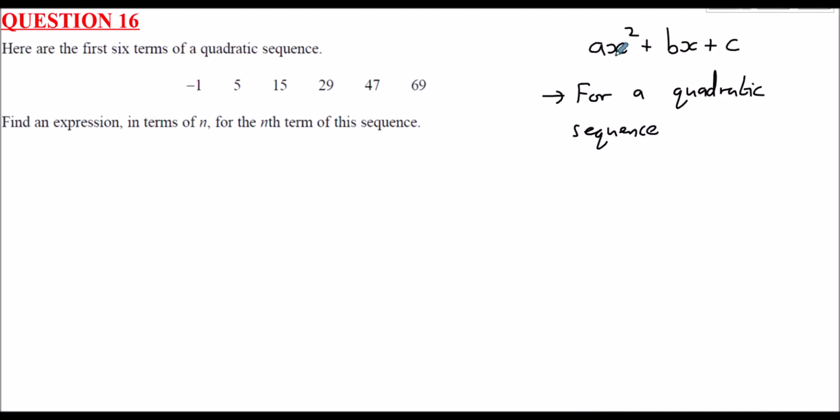we can alter this ever so slightly in terms of n and the nth term. So the nth term, pretty much the same as this, is an squared plus bn plus c. Now teachers have different ways of teaching this. I'm just likening it to a quadratic graph, ax squared plus bx plus c.